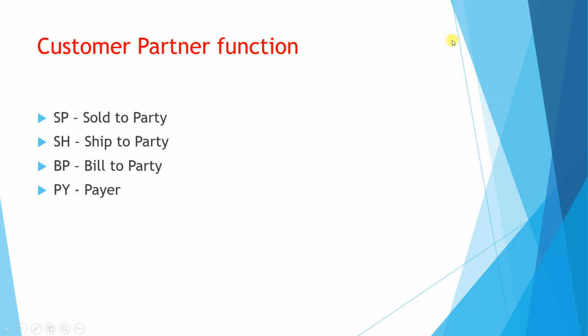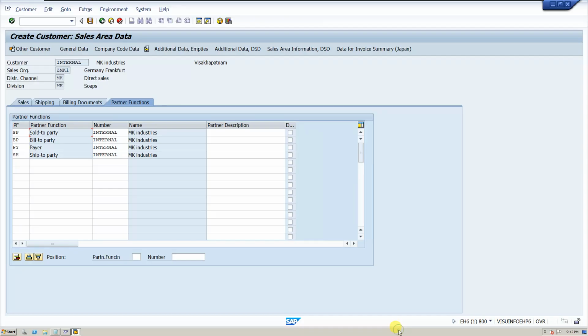Okay, now I'll go to SAP again. Here these are the partner functions, but here internal number ranges, I already told you we have given internal number ranges. So whenever we save the customer, the customer number is created automatically, and the partner function number is also created with the same number, because we are not giving more numbers.